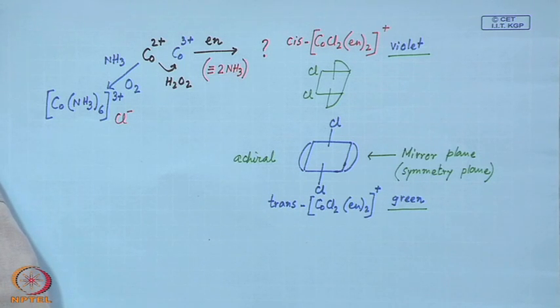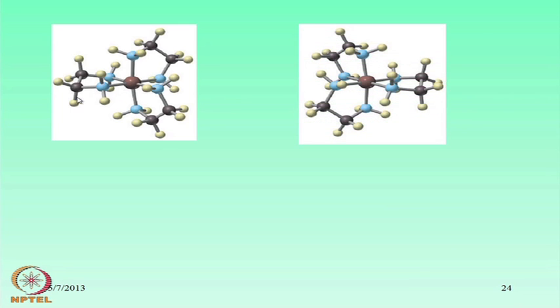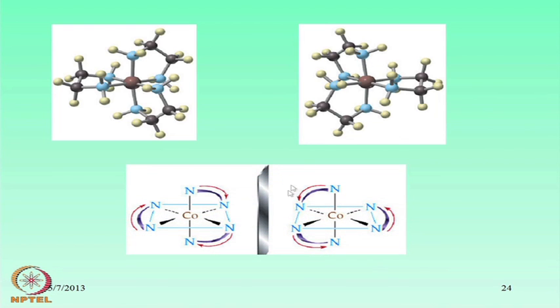Next, we will see a molecule like this, the trischelate, where 3 ethylene diamine groups are attached to the central metal ion, and this is the other form, that means the corresponding mirror image of this. On the left, the first one, we have the cobalt center, this is the nitrogen and this is the nitrogen of the ethylene diamine backbone.